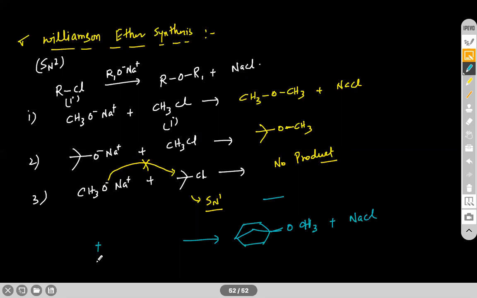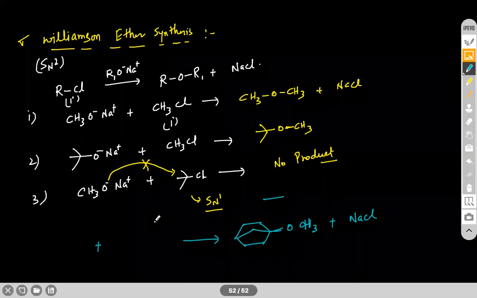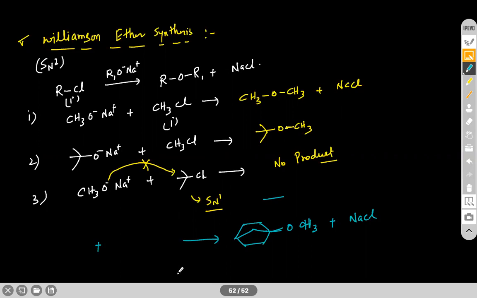What is the formula of alkyl halide here? Yes. Alkyl halide should be this, because we prefer to take this as 1 degree. And the nucleophile is this, O minus Na plus.